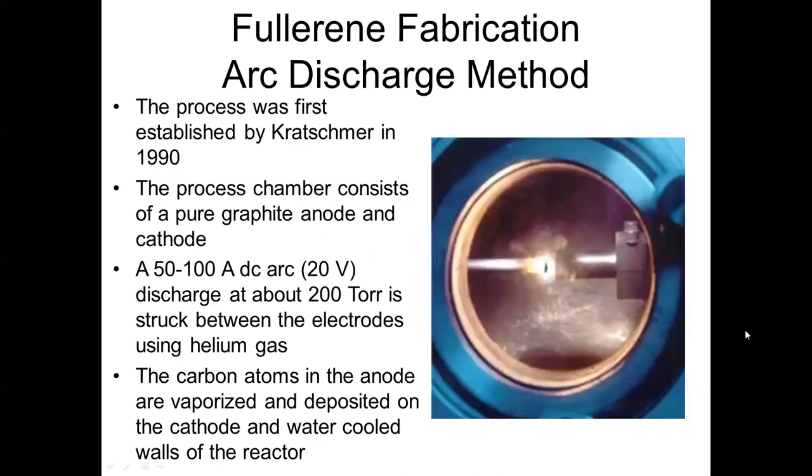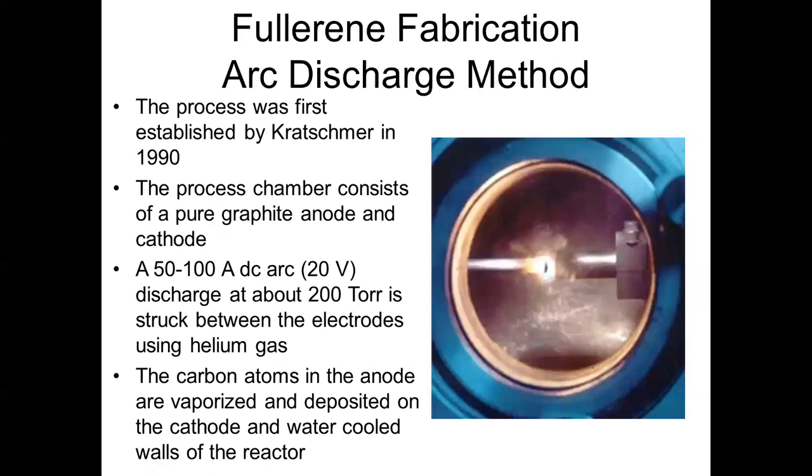This was first used in the 90s, and was probably one of the first methods that became really popular: carbon arc discharge methods. A problem with this process is that we not only get fullerenes, but we also get carbon nanotubes and all kinds of different derivatives in between.